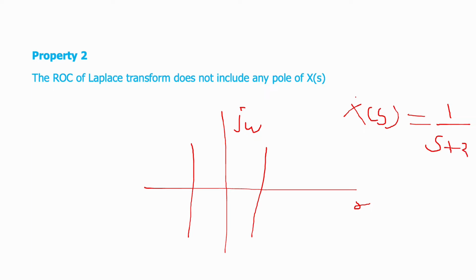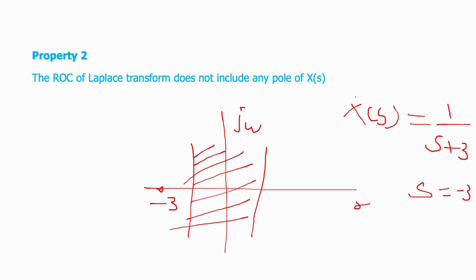So what will you get as the pole? s is equal to minus 3. So this minus 3 must lie here. This is minus 3. This is called the parallel strip, region of convergence.